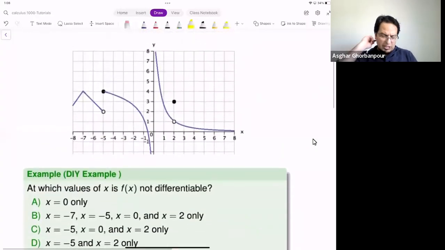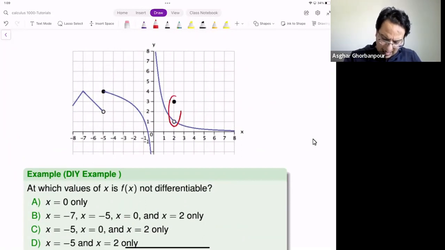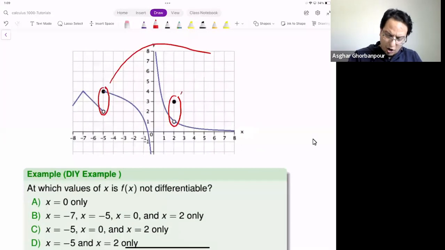Well, with some questions like this, it's important that you understand what happens when a function is differentiable. So what does it mean in terms of graphs? In this case, you should notice that this guy and that guy, the function is not continuous.